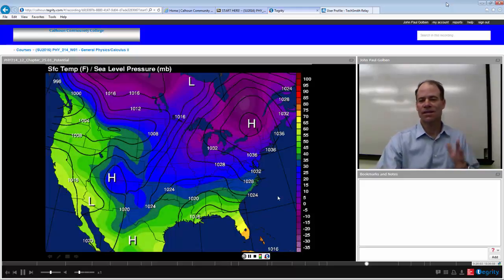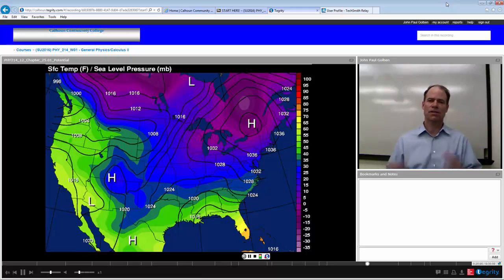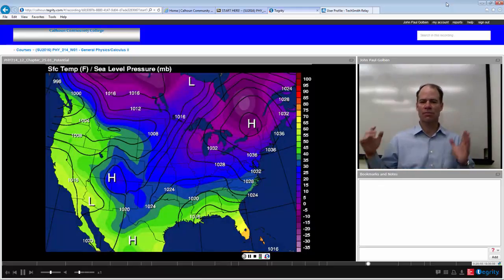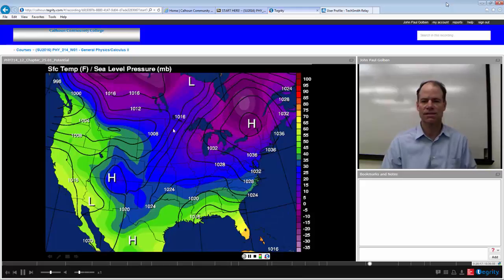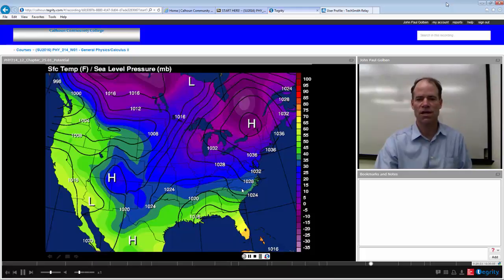This idea of contour maps is something we're well familiar with, especially when we talk about weather. If we made a contour map of pressures over a site of weather like the United States, we would be able to distinguish a lot of factors about the weather with this contour map.